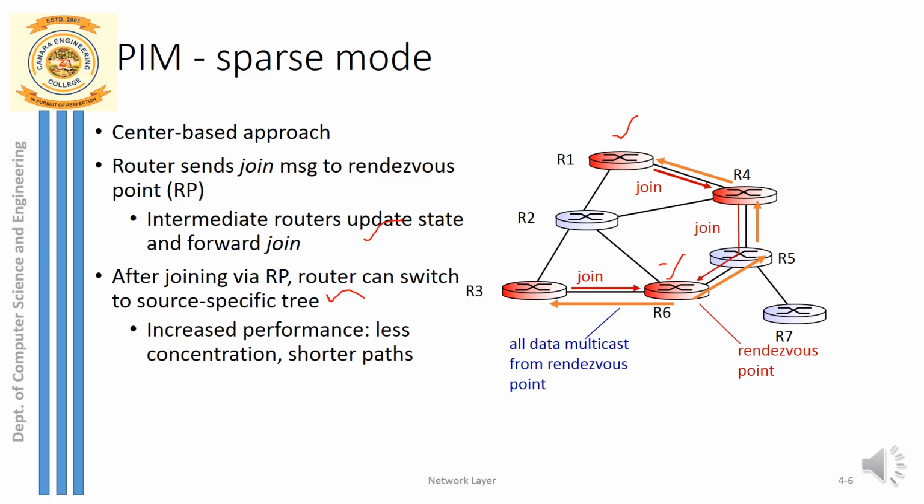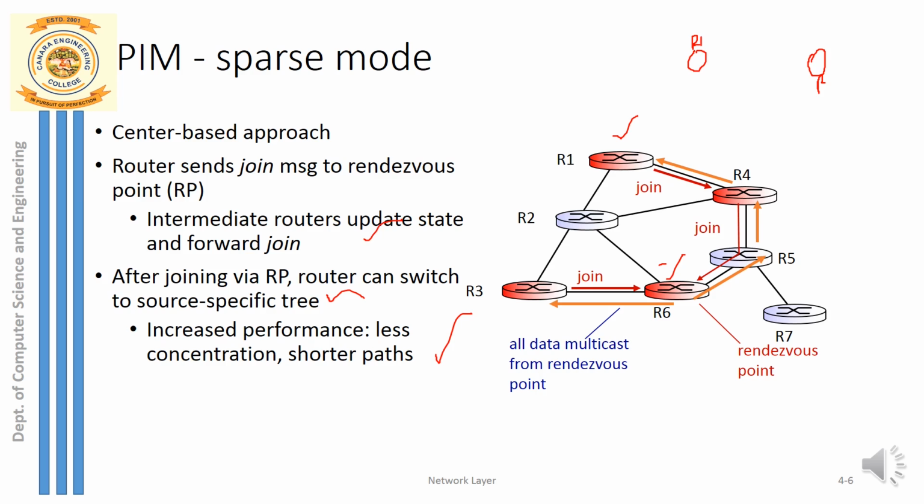Source specific tree means it is a kind of logical point wherein R6 is considered as a source. You can call R6 a source, or you can consider any one of R1, R4, R6 or R3. Any one of these routers can act as a source now, and once any one router becomes a source, you can switch to the source specific tree. Because of this, performance is also increased.